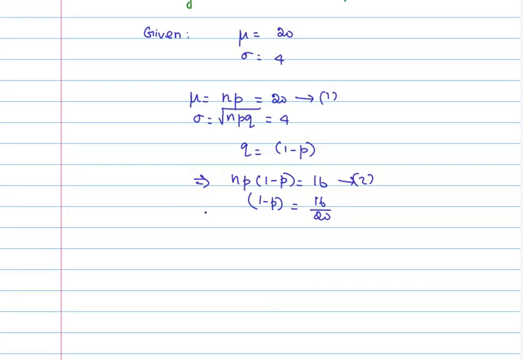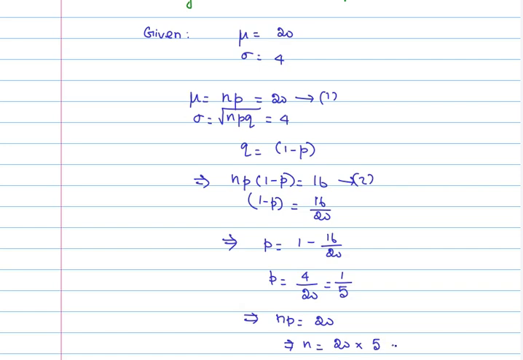Next step, p equal to 1 minus 16 divided by 20. So p equal to 4 divided by 20, or 1 over 5. So this implies np equal to 20, and n equal to 20 times 5, so n equal to 100.